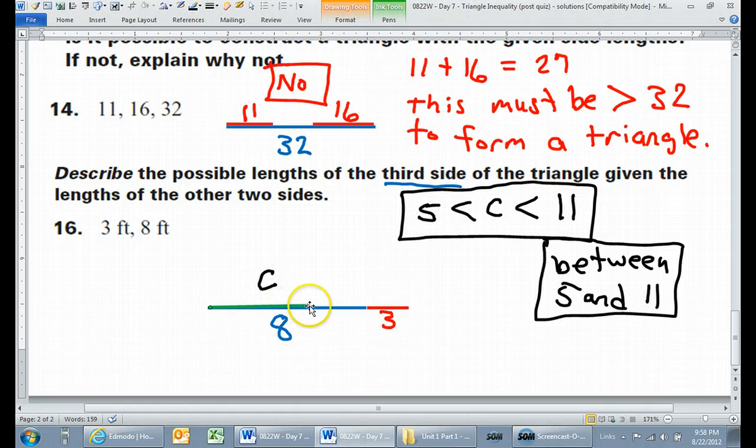Now C has to stretch from one end all the way to the other. That's why we're doing the sum, because that's what it would take to reach from one end to the other, and that's the case where C would have to be 11. So hopefully you truly understand number 16.